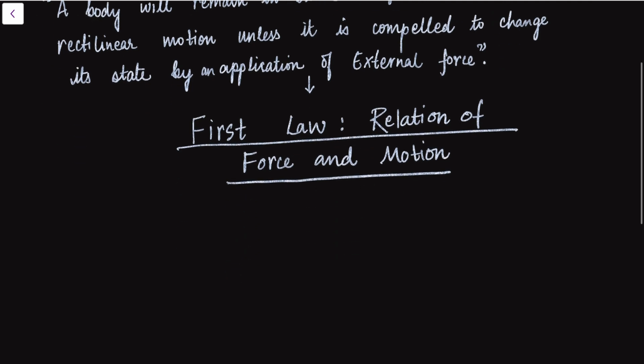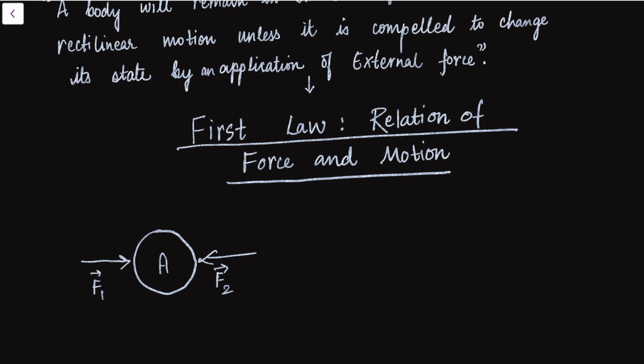Now, assume that this is our particle A, and the forces acting on A are F1 and F2, which are equal and in opposite directions.